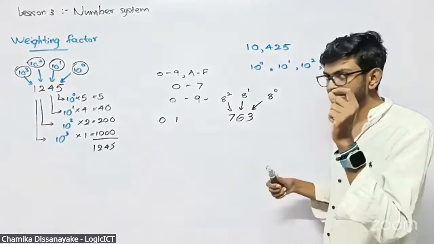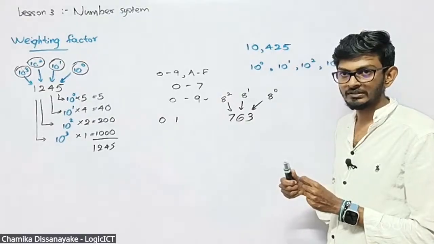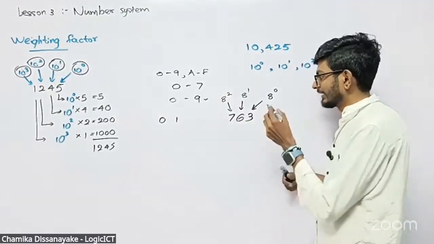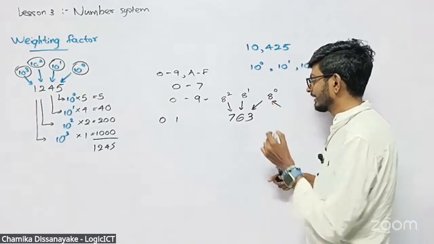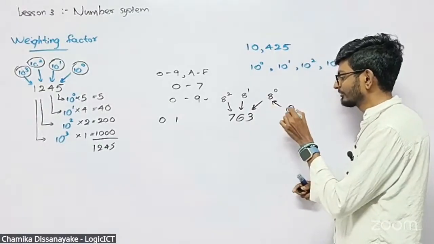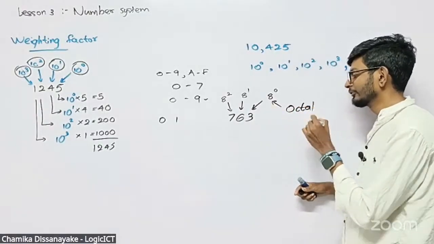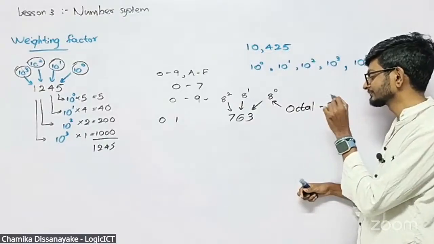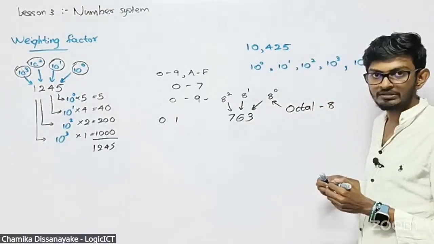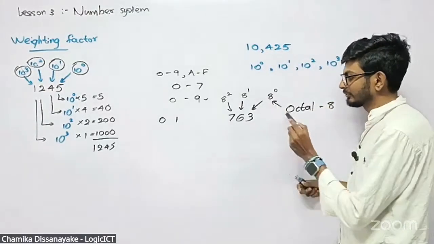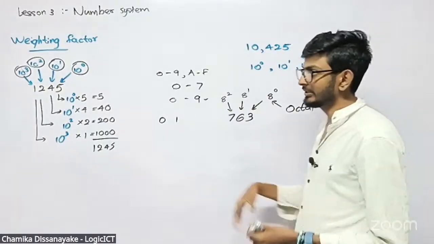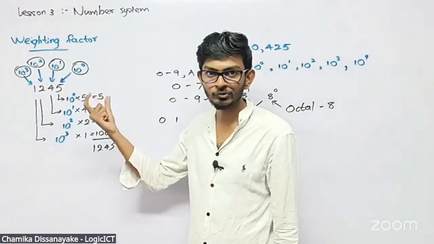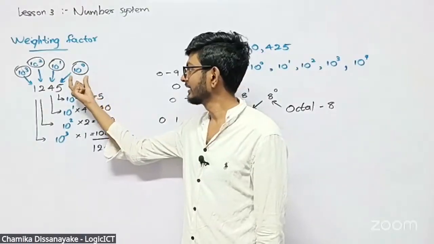In the binary number system, here the 8 is coming from the octal. Octal means 8, so the 8 is coming with the number. Decimal means 10, that's why here it is 10 to the power.